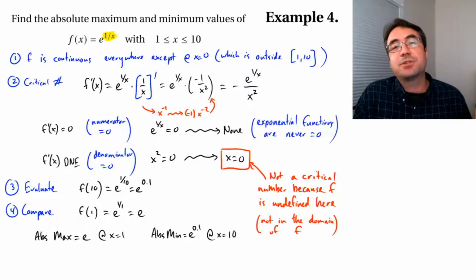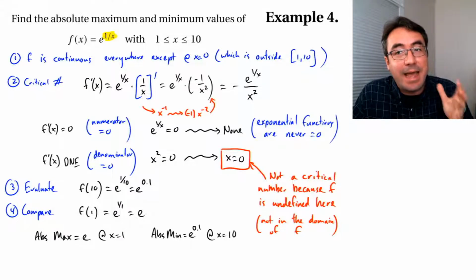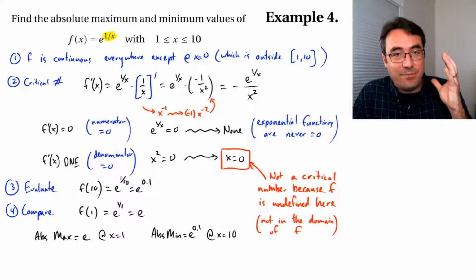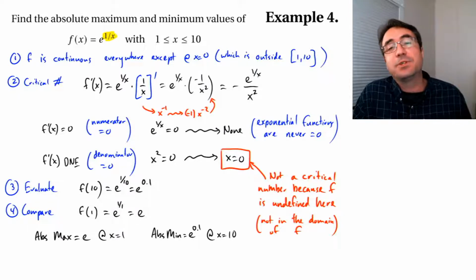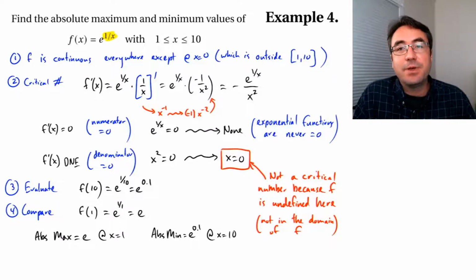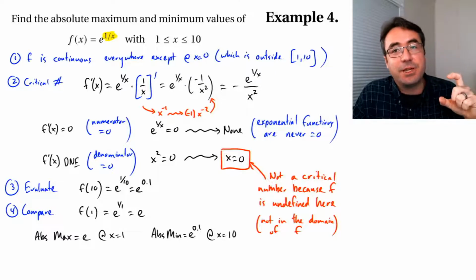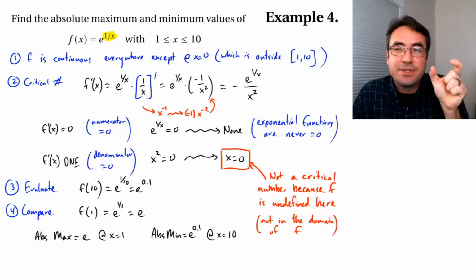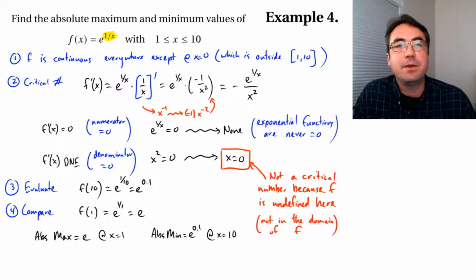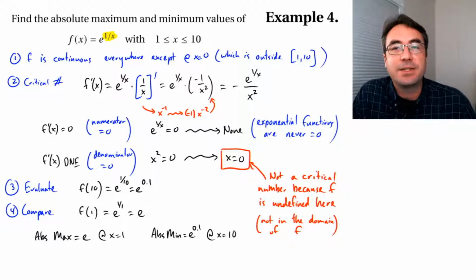So we can't actually have a max or a min at x equals 0 because our original function is undefined. Even though it fits a lot of the description of a critical number, there's that one little piece we have to be aware of: our function has to be defined there.